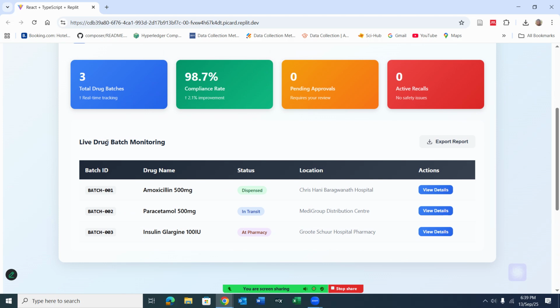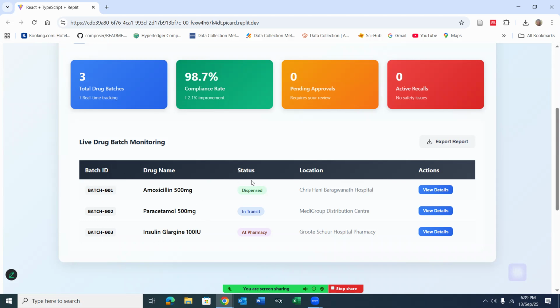The other thing that you also need to take note of is that we have the live drug batch monitoring, which shows that this system is capable of real-time tracking, or showing data in real time, right? So now we have these 3 drugs that are already in our system.